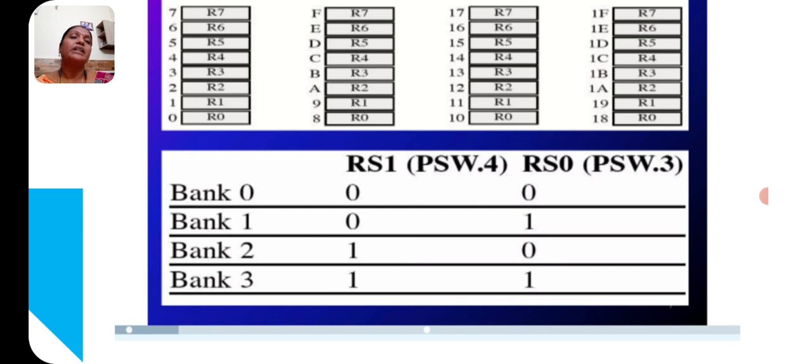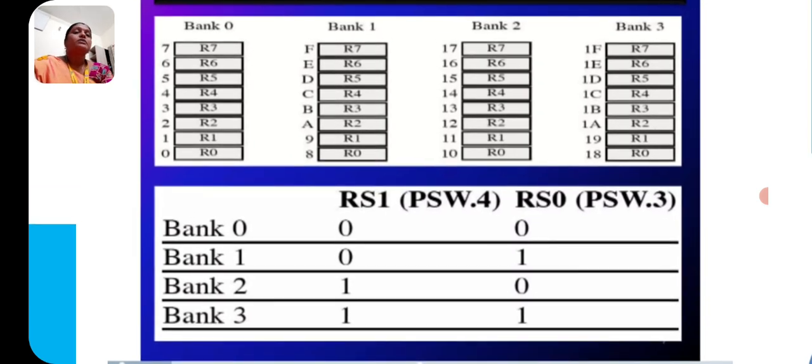If RS0 and RS1 are both 0, the registers are accessed in bank 0. If it is 0 and 1, bank 1 is selected. If it is 1 and 0, bank 2 is selected, and if both bits are 1, bank 3 can be accessed. So there are 4 banks.